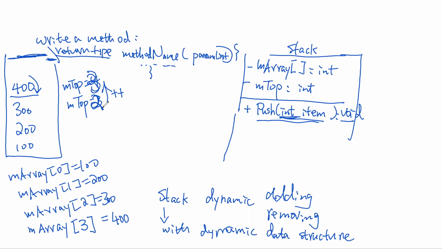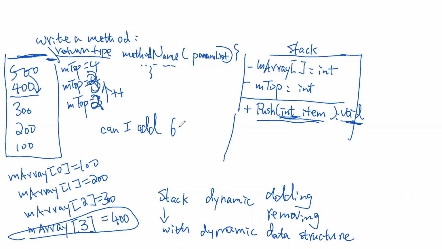And of course, just think about it. Then I want to add another one. Is it 500? Then the top is updated to 4. And then the question is, can I add 600 now? I forgot to mention the array size is 5 capacity.